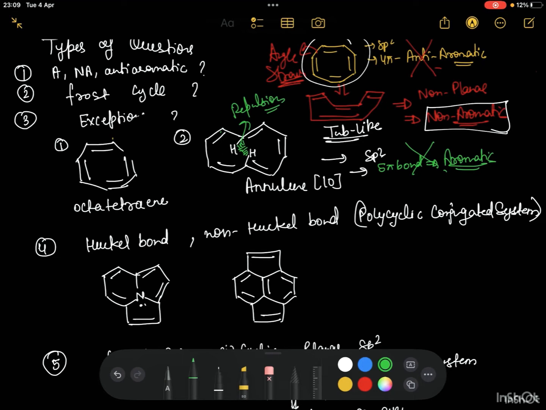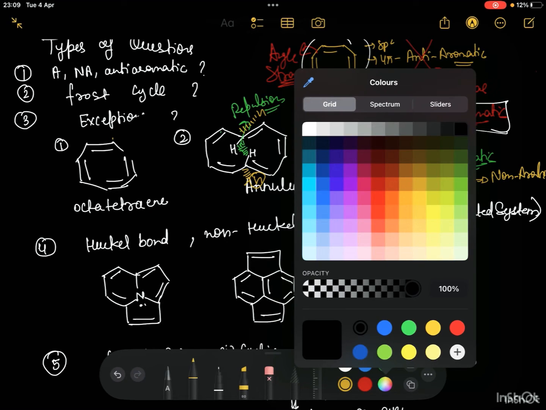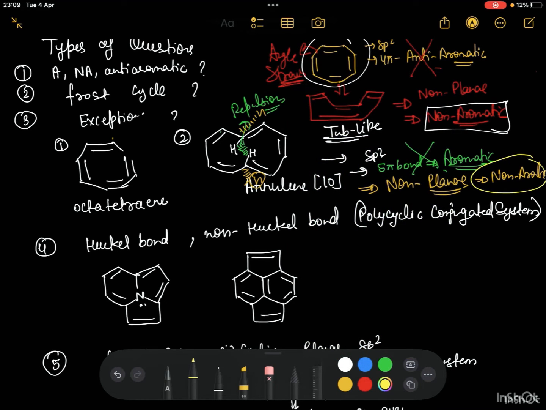Due to repulsion, these hydrogens go out of the plane. Because of that, the system becomes non-planar, so this system is non-aromatic. So if you have the aniline type, this system is also a non-aromatic compound.